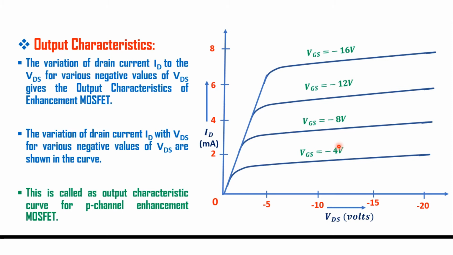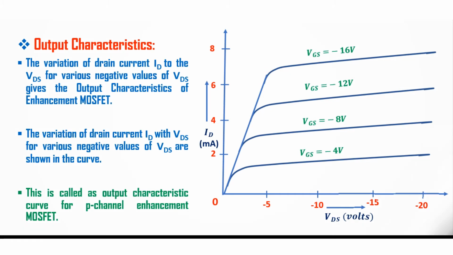When drain to source voltage is increased from 0, drain current increases slowly at the beginning, and then beyond a certain value of drain to source voltage, the drain current practically remains constant. It remains constant for different values of gate to source voltage. This is what we call the output characteristics, or drain characteristics, of the P channel enhancement MOSFET.